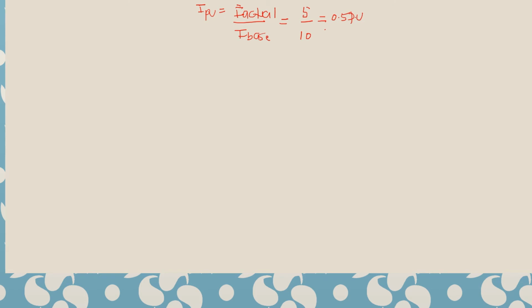Next, you calculate R PU. R PU would be R actual divided by R base. Do you know your R actual? Is it given? No, it's not given. Do you know your R base?